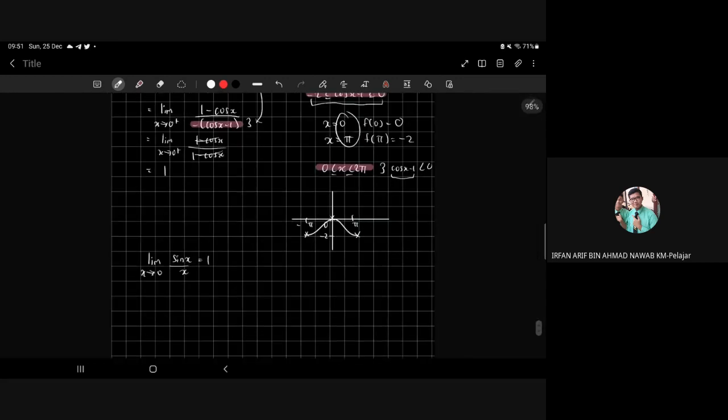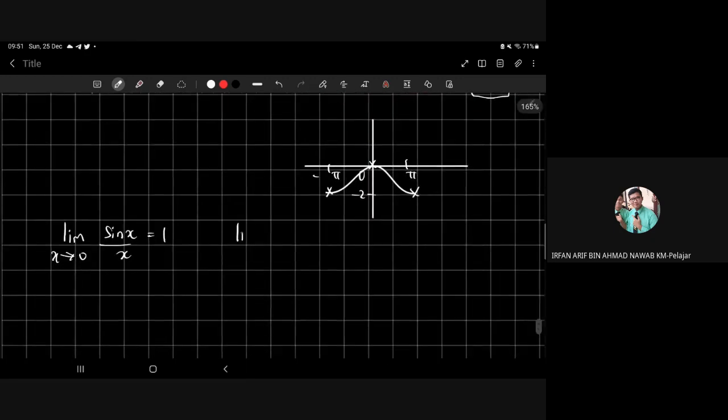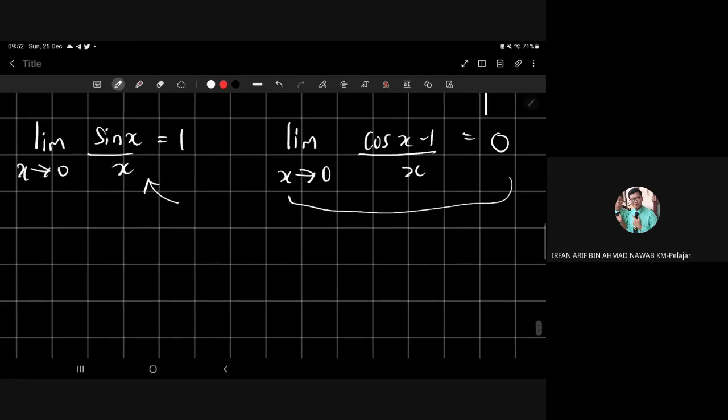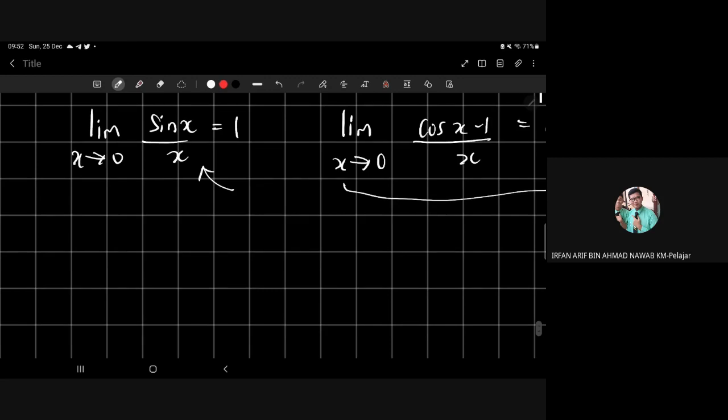The same goes for the other limit, the limit as x approaches 0 of cosine of x minus 1 over x, which will be 0. If you want me to prove that this is true, I think I can now. Let me try.